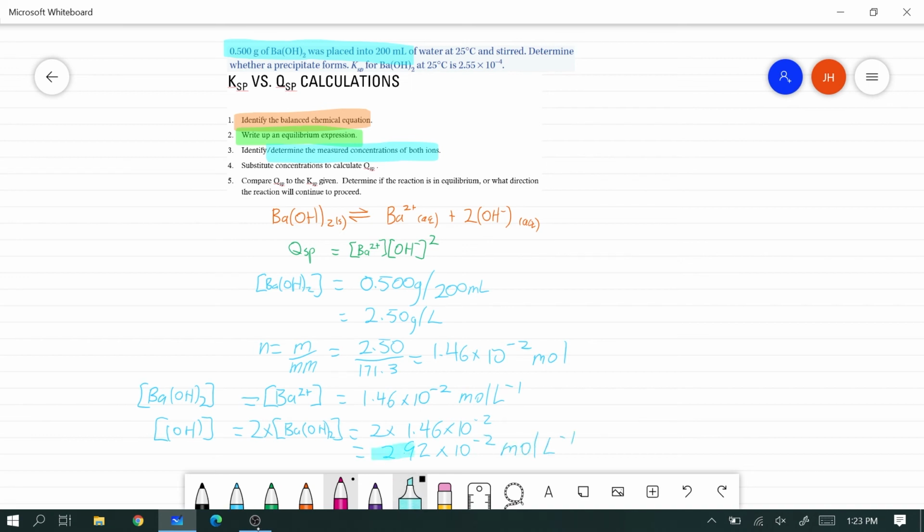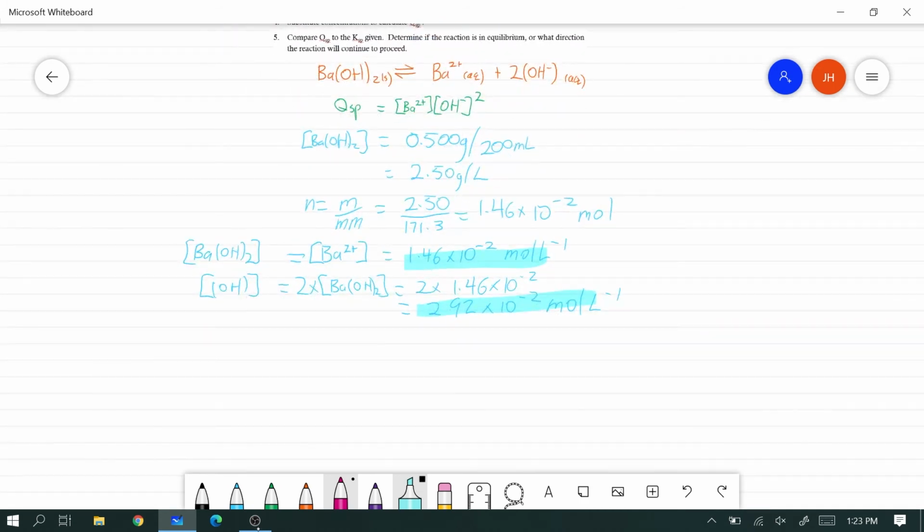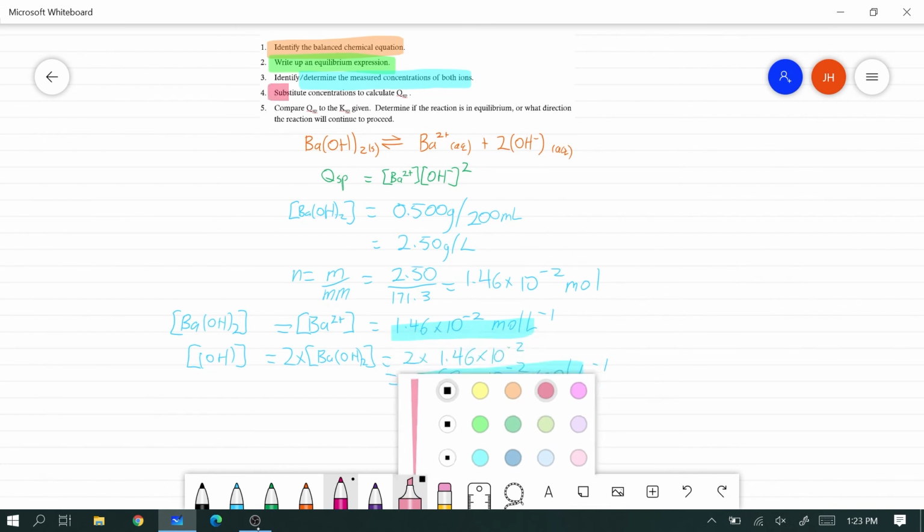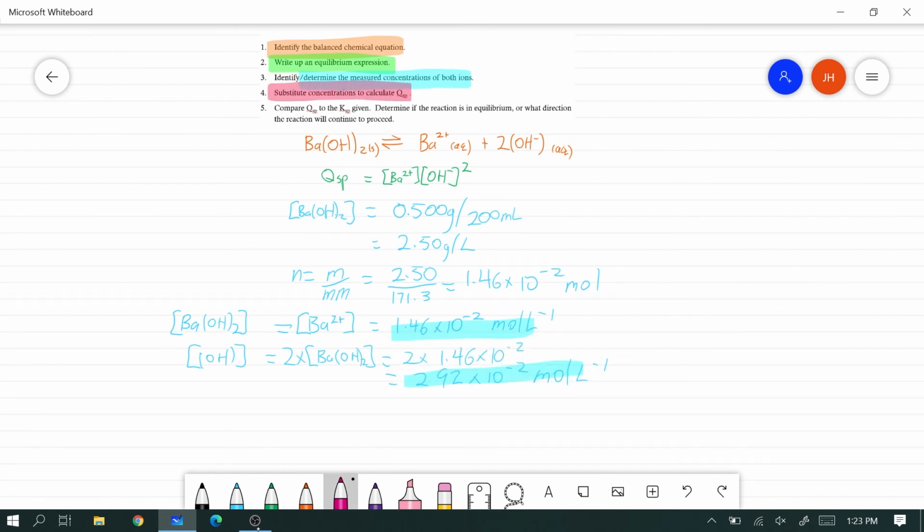So both of these values are super important, very much necessary, because we can take those values and substitute them into our Qsp equation, and that is step number 4 up the top. This one here, substitute concentrations to calculate Qsp.